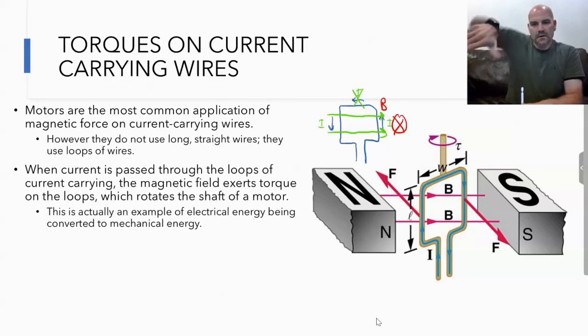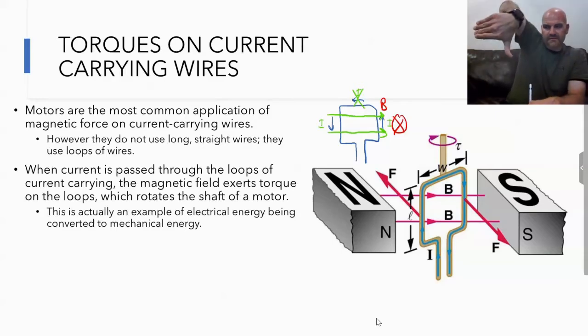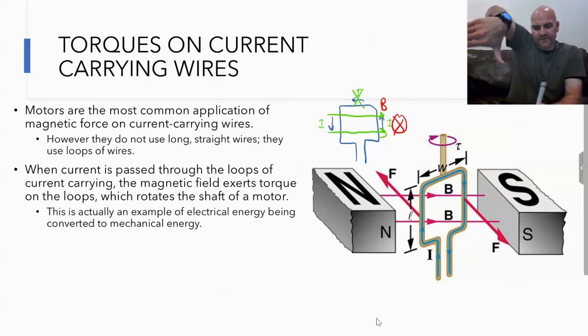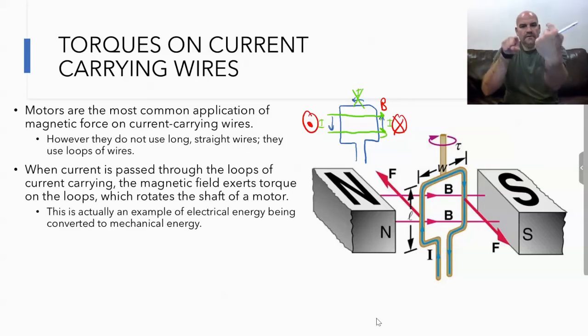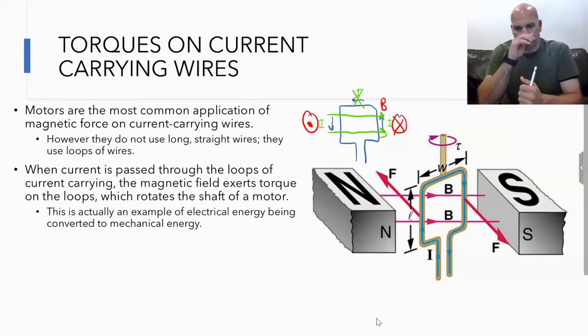Again, fingers in the direction of B, thumb in the direction of my current, and so it's going to be out of the page. So we have a force pushing this way and a force coming this way, and that's what creates the torque. This constant pushing of this set of wires in that manner.